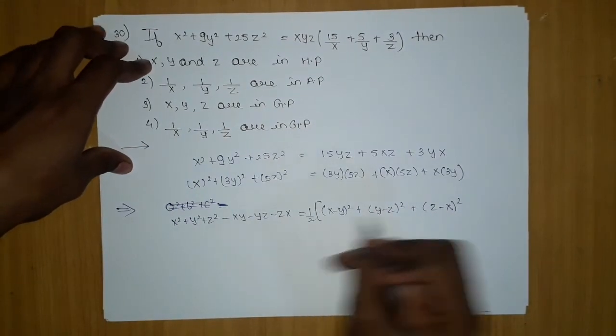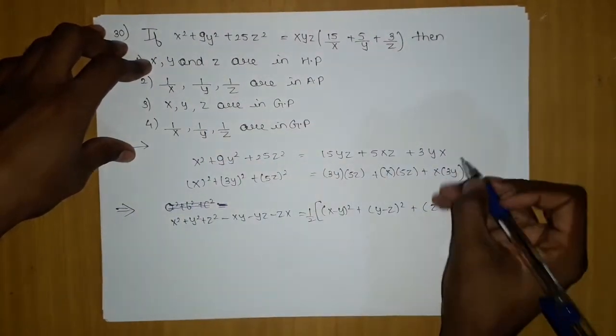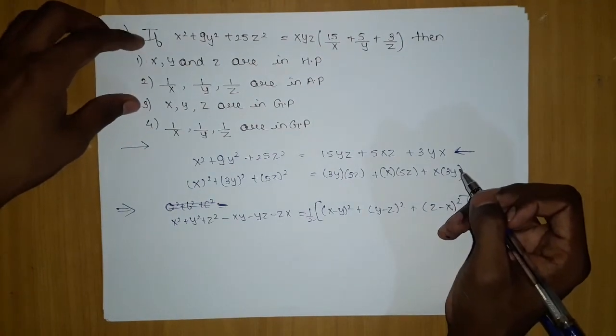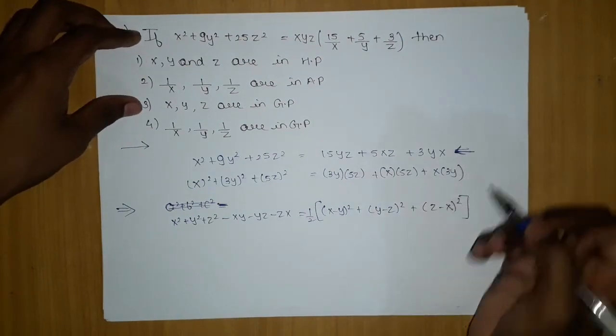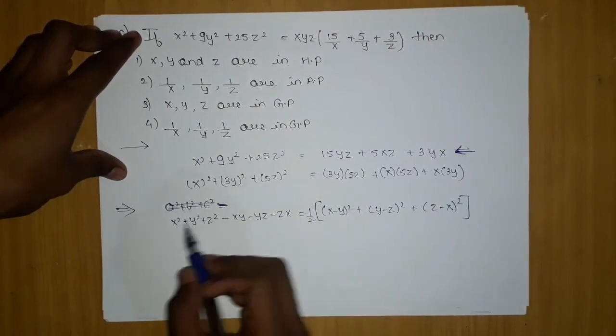This is the formula. When I saw this, I could make 3 square and 25. This is very useful; the formula is used many times, it is a favorite part in exams. So the basic thing here is x square, 3 square, so I analyze this formula.